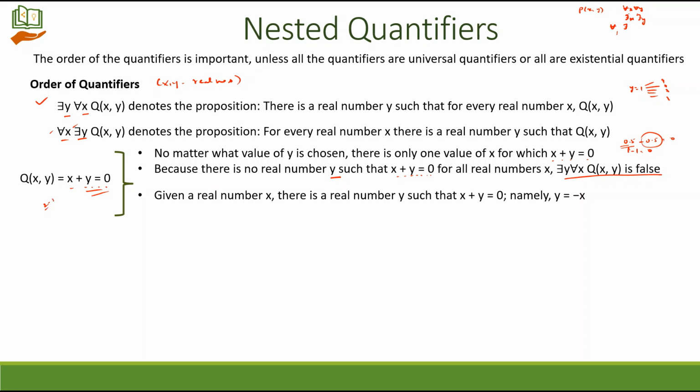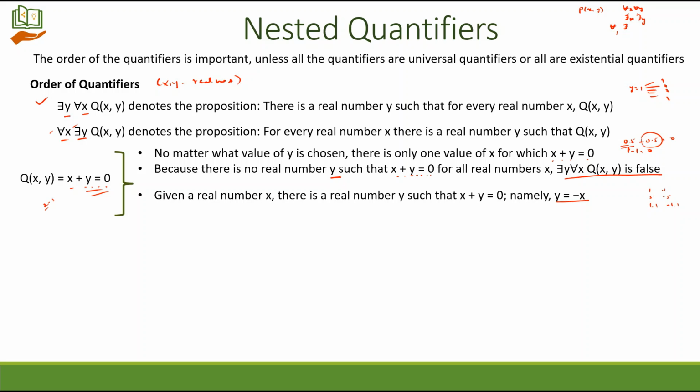From this you can understand that y will have the value of minus x. If x is 1, y will be minus 1. If x is 5, y will be minus 5. If x is 1.1, y will be minus 1.1. Whatever value you supply in x, the negation of the value will be y.